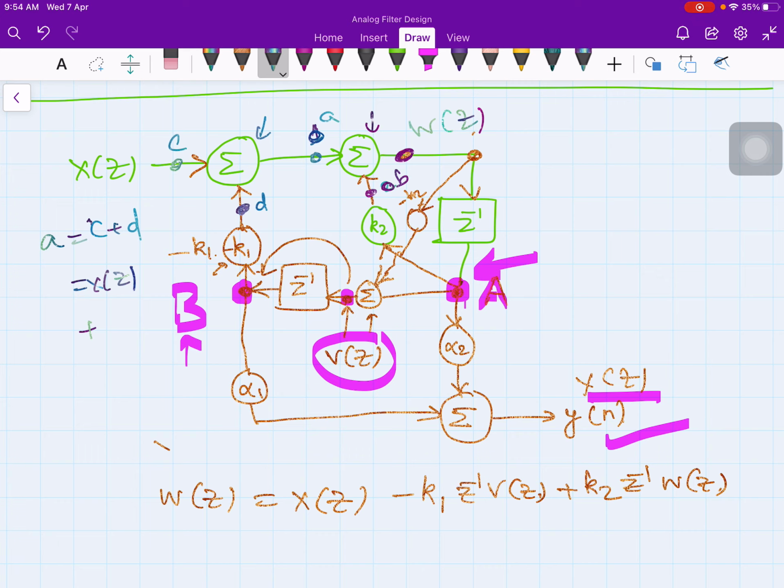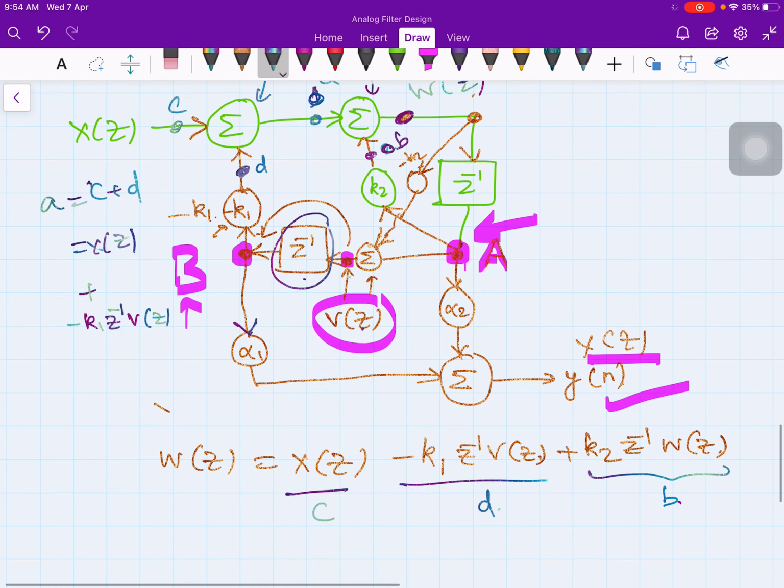D is nothing but the output of the scalar multiplier minus k1. What is the input to the scalar multiplier? This v of z, delayed by z to the minus 1 and multiplied by minus k1. Therefore minus k1 delayed by one sample and then v of z. That's what I wrote here. So this point corresponds to d, this is c and this one is b. Okay, so that's how I wrote w of z.